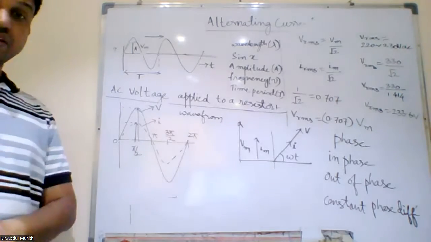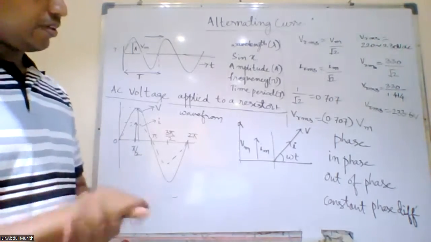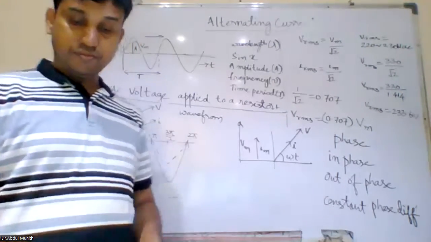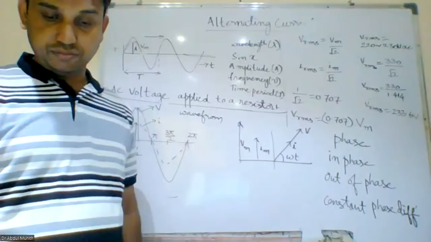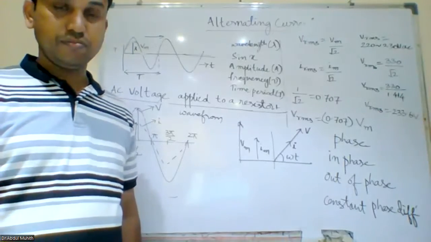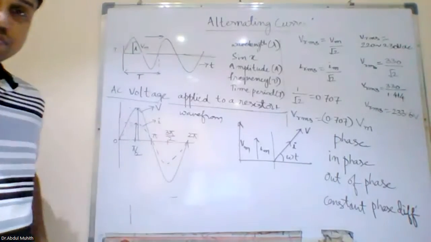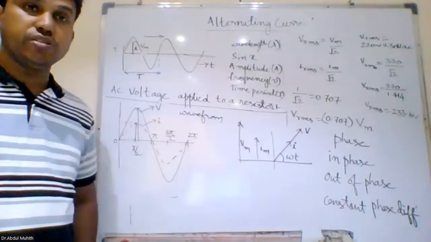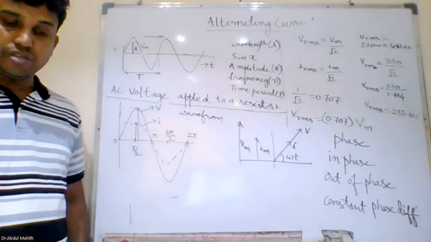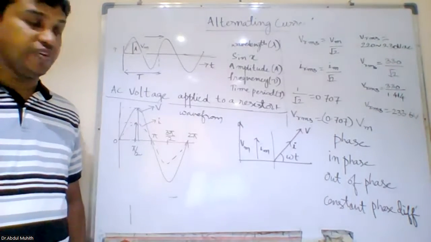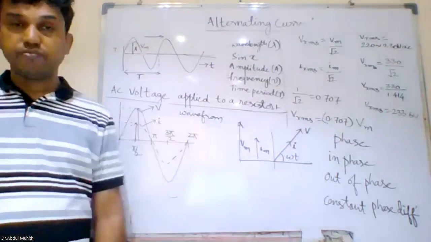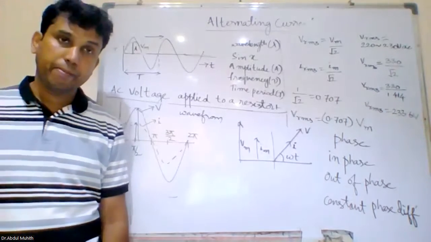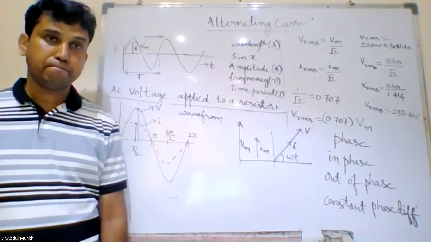Everyone. The phase is the point where time is represented on a waveform. What is your definition? Abid, Arham, what is phase? So phase is the 360 degrees.